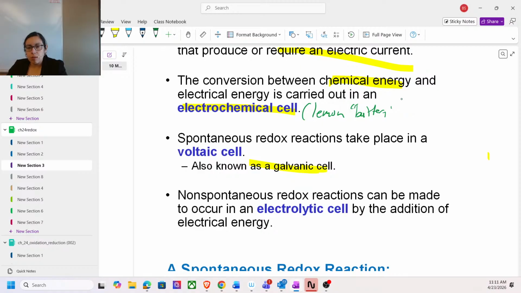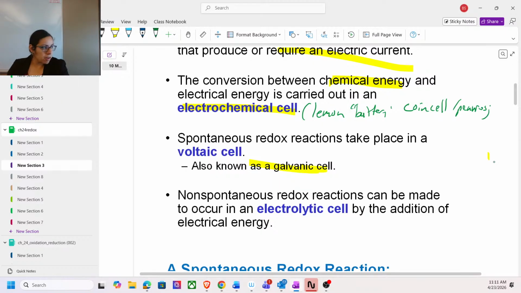And you could also make a voltaic cell with those coin cells with pennies. That's always a good one, just to introduce yourself to the topic. So if you're ever bored in lab today, we could play around with these sorts of things as well.